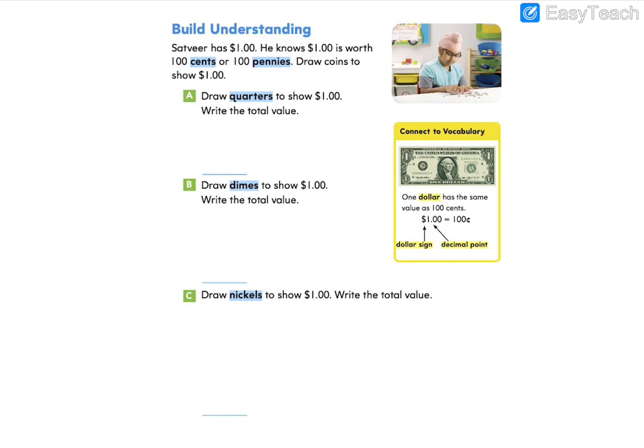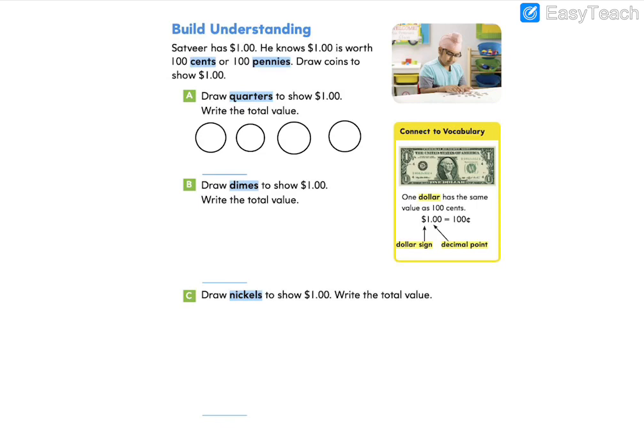So now let's think about quarters. We know our goal is to get to 100 cents. So let's go ahead and skip count by 25 to get to 100. 25, 50, 75, 100.